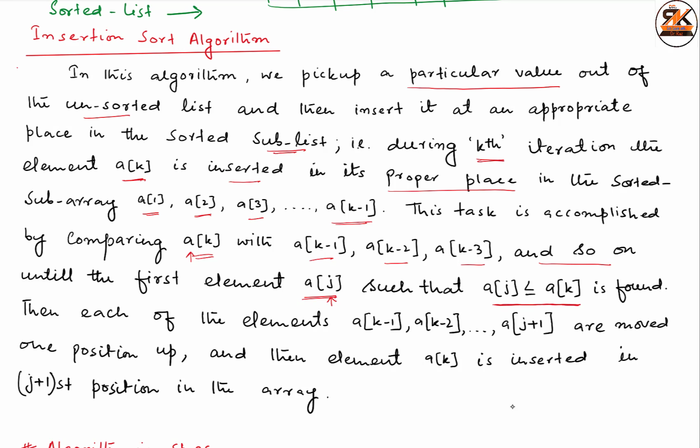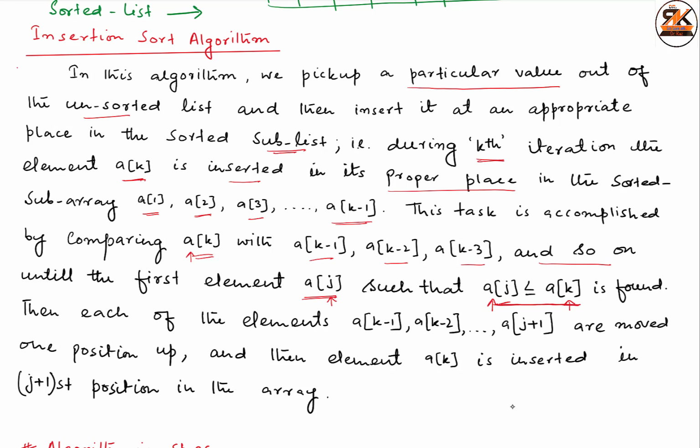If ak is less than aj, only then we move up to this position, that is to the first element. Otherwise we have got the proper place for the ak element.